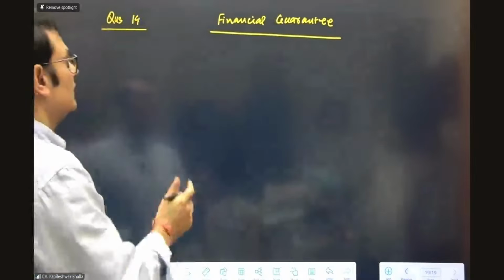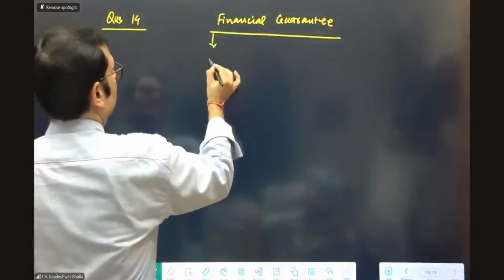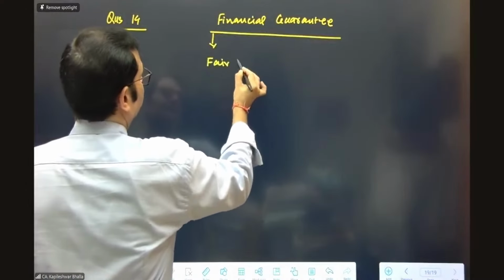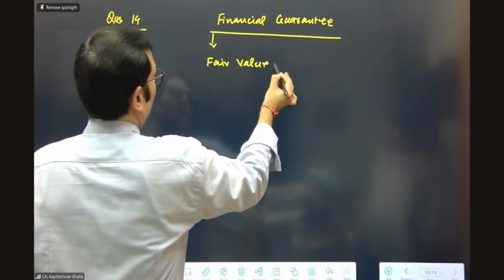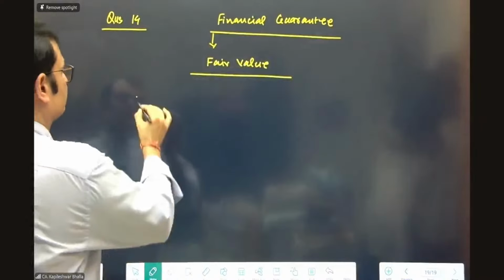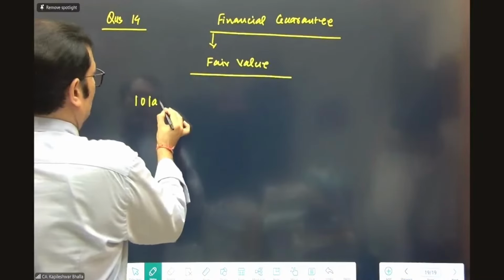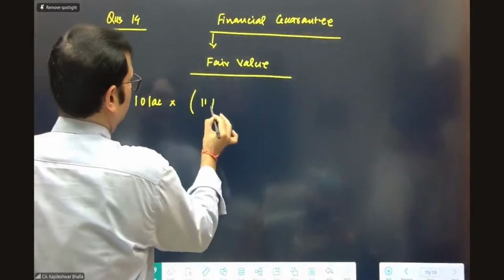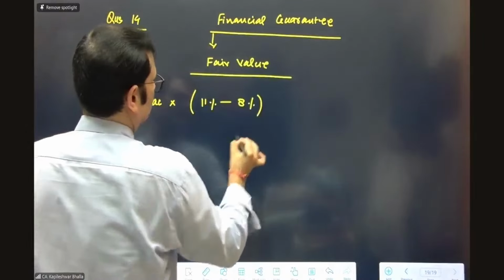So there is a 3% benefit given. So we can say the financial guarantee will be captured at the fair value. So we need to compute the fair value. What is the loan figure? The loan is to the extent of 10 lakhs. So the differential, 11% minus 8%, is the benefit.